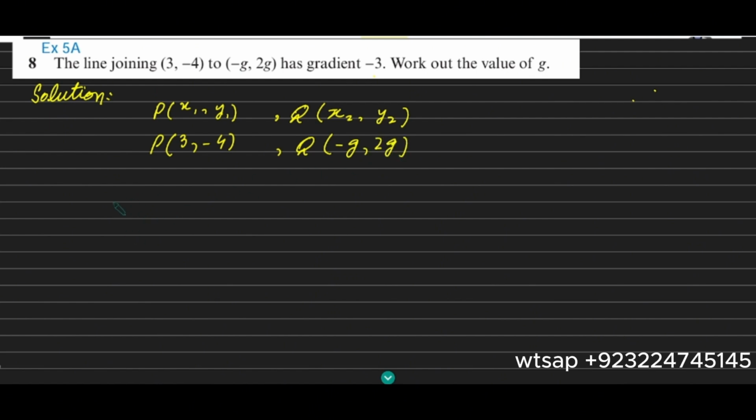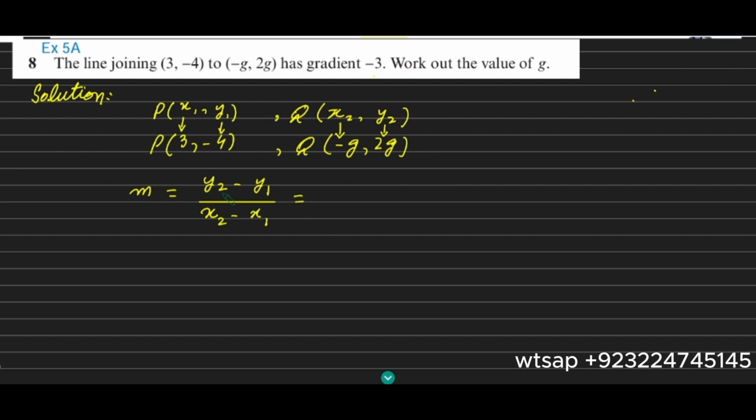At first we find the gradient. As we know, gradient m equals y2 minus y1 over x2 minus x1. So we replace the values. Here y2 is 2g, and x2 is minus g, y1 equals minus 4 and x1 equals 3.